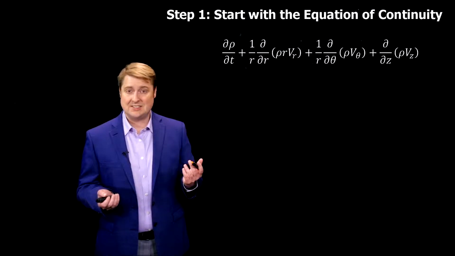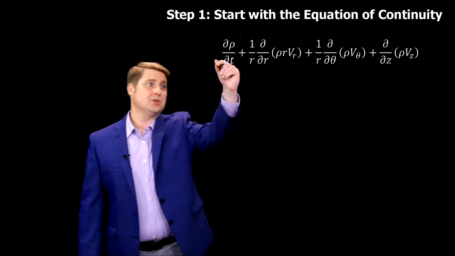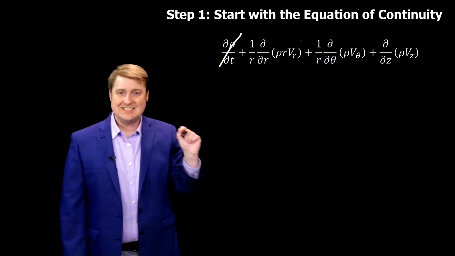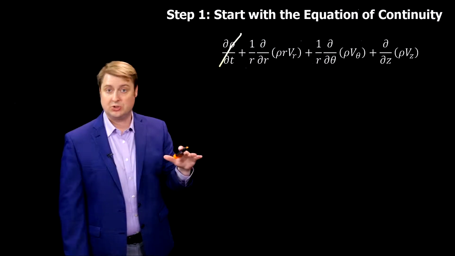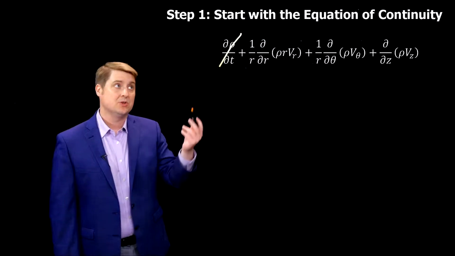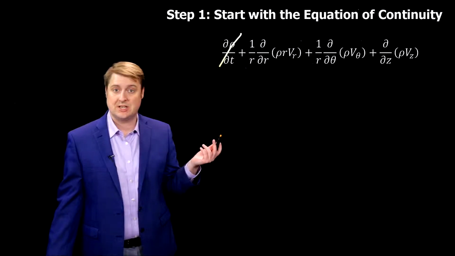So we're not going to have density change as a function of time. There's no reason for it to. So we're going to say, OK, density doesn't change as a function of time. That means that term is 0. You can imagine the numerator of that expression is going to be 0 because there's no change in density.